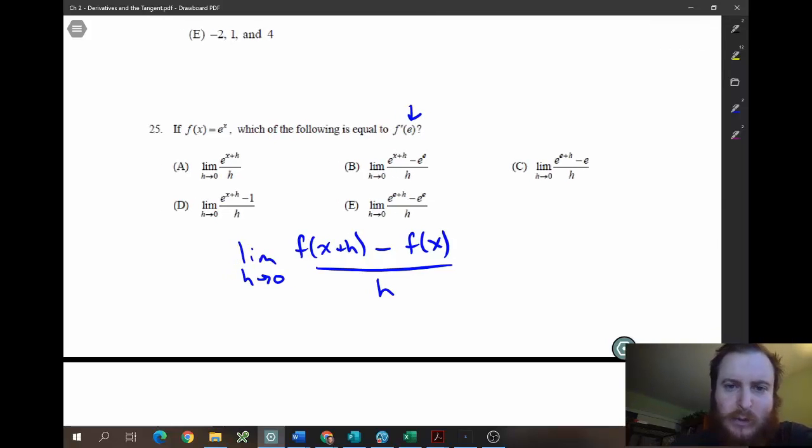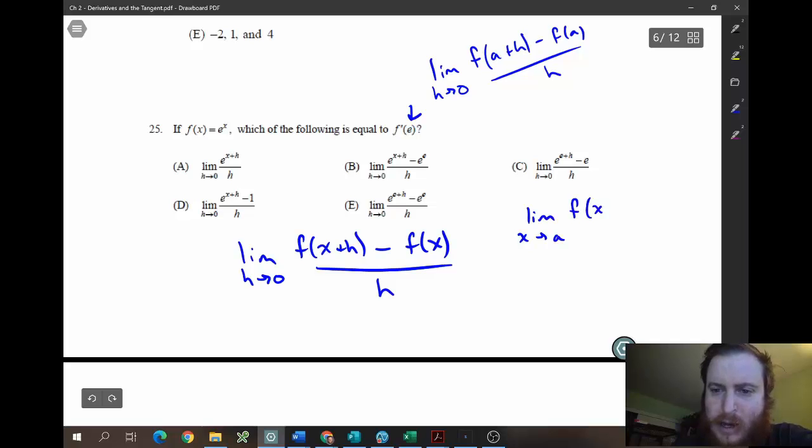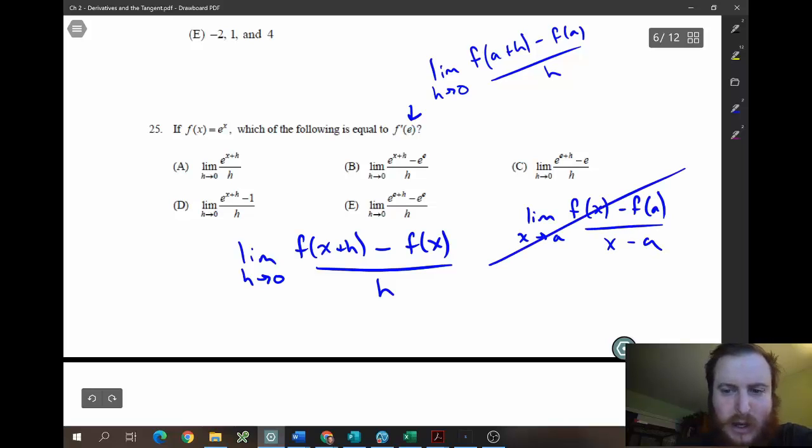So in this case, we have 2 formulas available. The limit as h approaches 0 of f of a plus h minus f of a over h, or the limit as x approaches a of f of x minus f of a over x minus a. Now none of these look like that, so it's not going to be that guy.